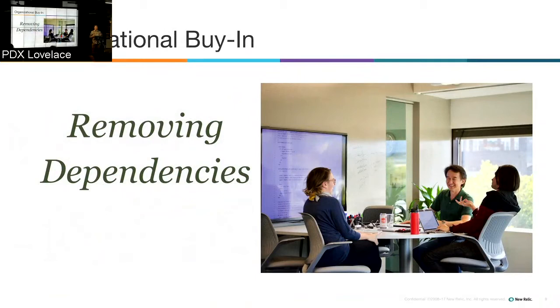Mob programming frequently uncovers and highlights dependencies because of the number of eyes and brains you have on the problem at one time. We see issues much earlier in the process, and we can raise the flags necessary to let people know that something is wrong and has to be addressed before it becomes critical. Raise your hand if you've ever shipped code to production only to find the defect afterwards.